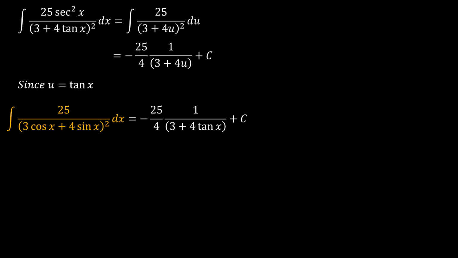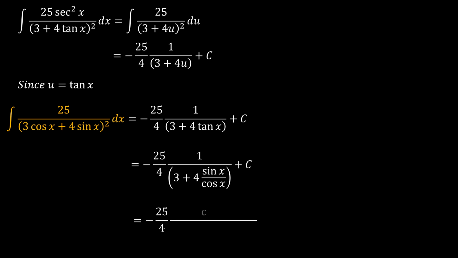Now we can express the tan x in the form of sine x over cosine x. So we have negative 25 over 4 times 1 over (3 plus 4 times sine x over cosine x), and then you multiply by cosine x both the numerator and the denominator, and that becomes negative 25 over 4 times cosine x over (3 cosine x plus 4 sine x).